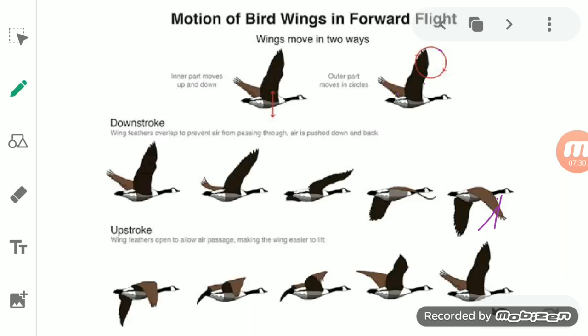So basically the flapping is responsible for the upward and the downward movement of the air, due to which a bird can fly easily in the air.